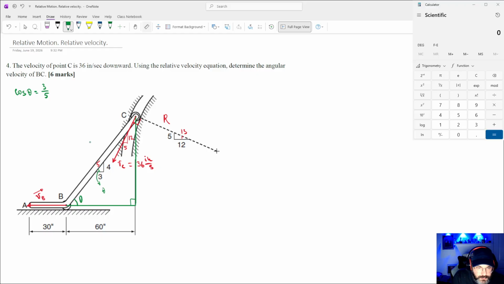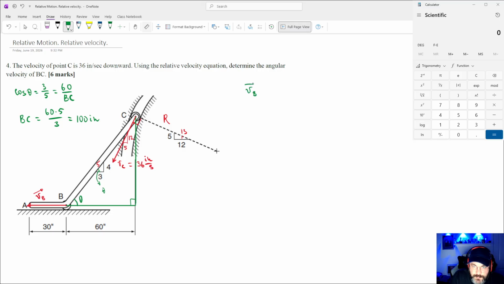And from this triangle, it is 60 divided by BC. So our BC is equal to 60 multiplied by 5 divided by 3. 60 multiplied by 5 is 300. 300 divided by 3 is 100. 100 inches.